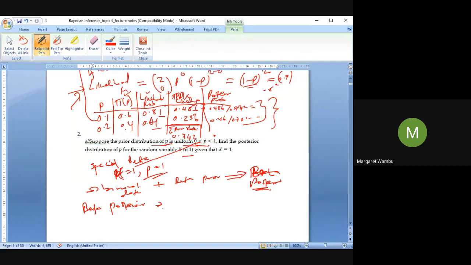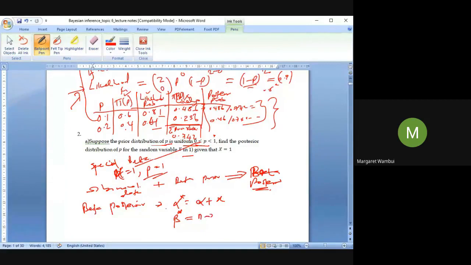So it will result in a beta posterior whose new alpha star will be equal to, was it alpha plus x? Yes, alpha plus x. And then our new beta, the parameter beta for the beta posterior, was given by, was it x or n?